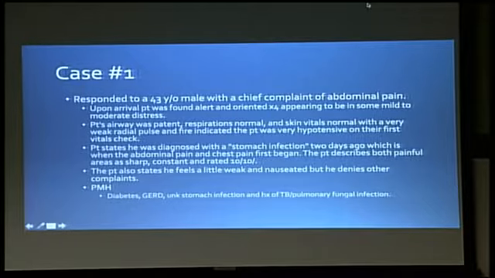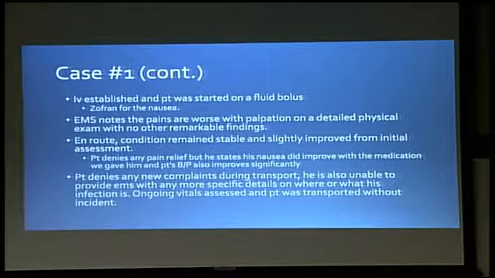Although he said he had an unknown stomach infection, and then he said he had a history of TB and a pulmonary or fungal infection. IV established. I should say that he was picked up essentially at the share house. IV established, patient started on fluid bolus, got some Zofran for nausea, says the pains are worse.